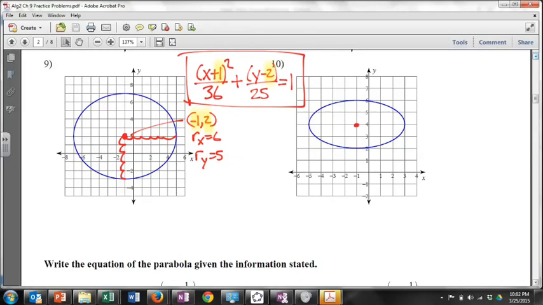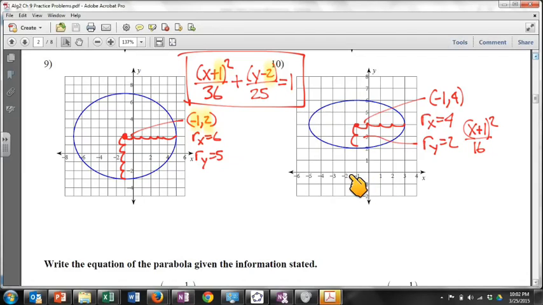Let's do number 10. The center here is at coordinate -1, 4. The radius in the x direction is equal to 4. The radius in the y direction is equal to 2. So we have x plus 1 quantity squared over 16.